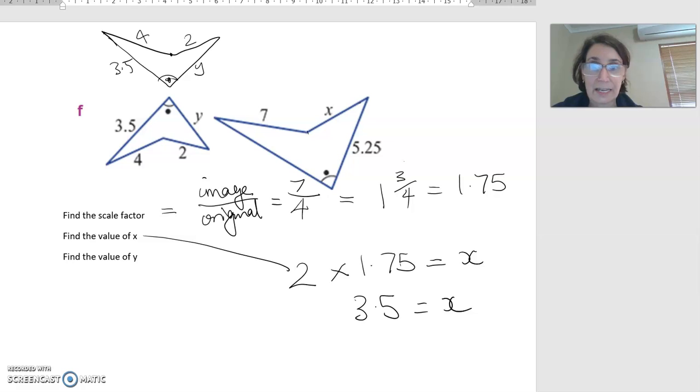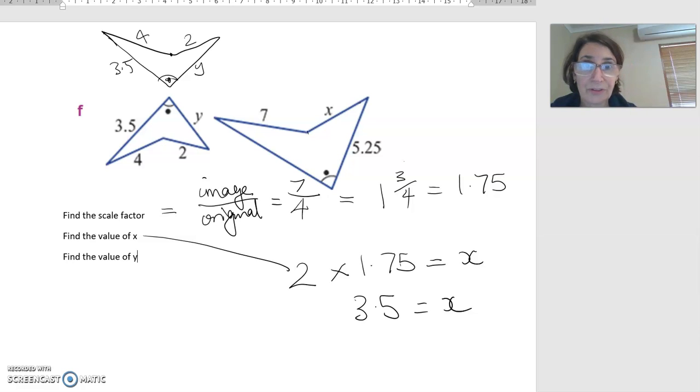Okay, nearly there. The last thing we need to do is find the value of y. So here's y on our original, and y corresponds with 5.25 on our image. Okay, this one's a little bit trickier only because we need to do a little bit of algebra, but you're good at algebra, so we'll be right.